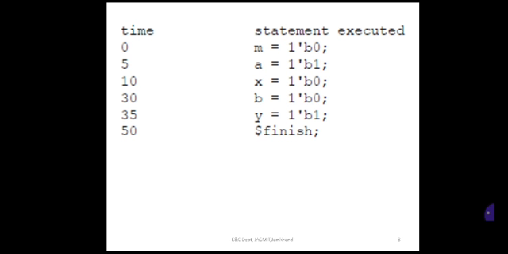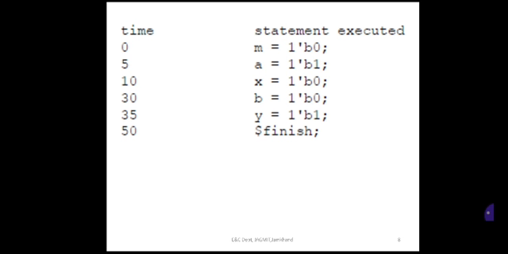Then observe, the next statement executed is x, because it executes after 10 time units, since all the initial blocks start executing exactly at time 0. This statement also executes after the specified delay time, which is 10 time units. That's why x equal to 1'b0 is executed after 10 time units.